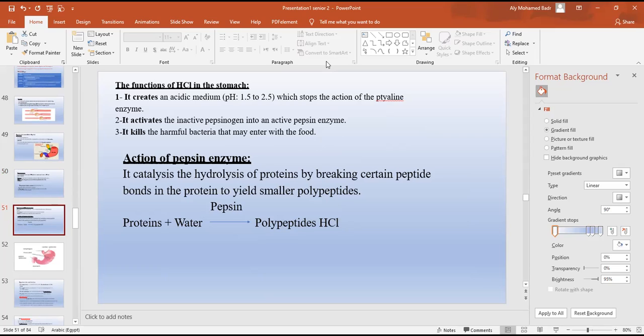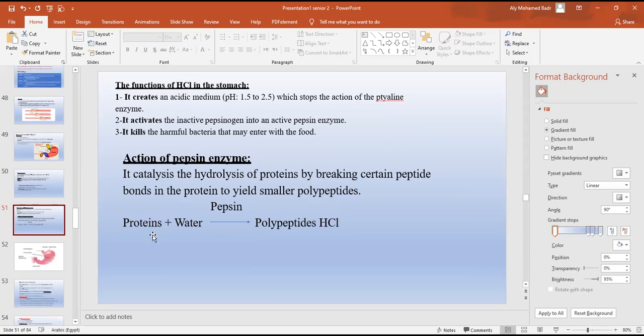So inside the stomach, I have to make the medium acidic for the pepsinogen to be converted into pepsin and work. So these are the functions of the HCl.